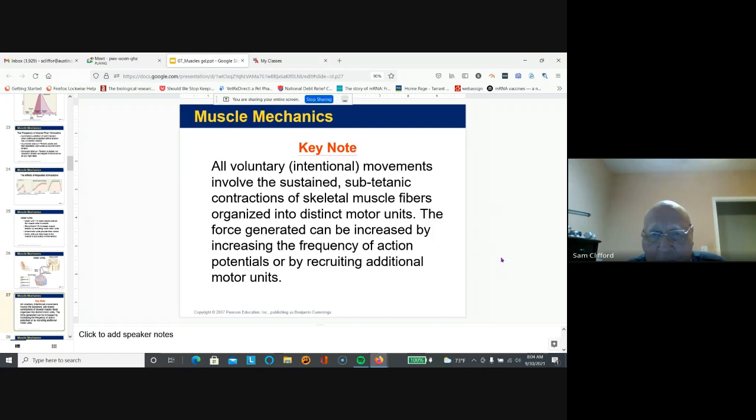Okay, so all voluntary muscle movements involve sustained contractions in these distinct motor units, the force generators, by increasing the frequency of the action potentials and making more motor units contract.